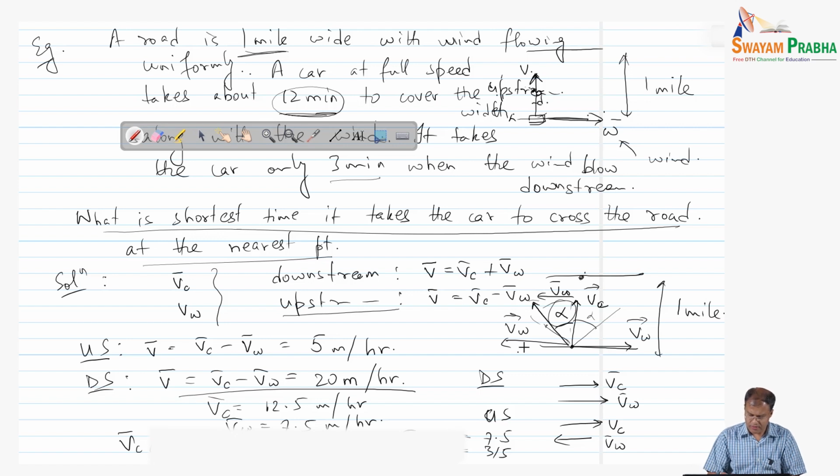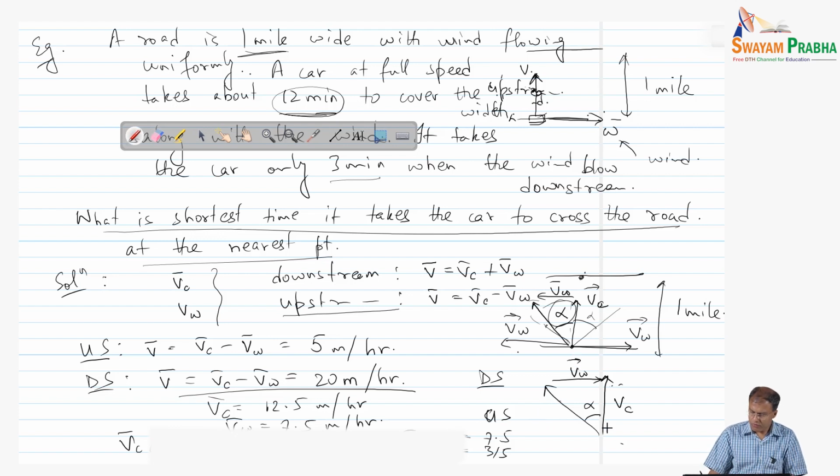Well, we need to draw the diagram properly, because I think something is not adding up. So we have Vc and we have Vw, and this is alpha.